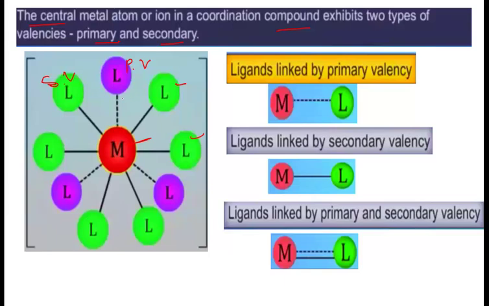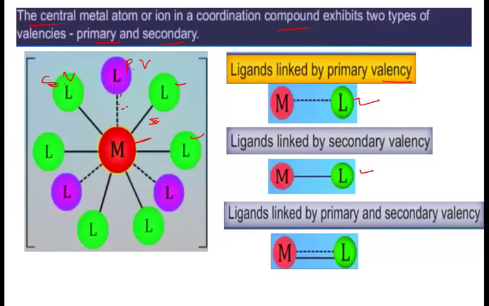Primary valencies are represented by dotted lines, whereas secondary valencies are represented by dark lines. Ligands linked by secondary valency are shown by a solid bond.